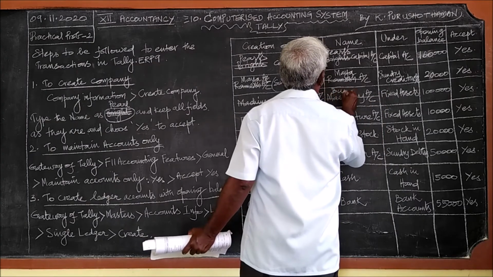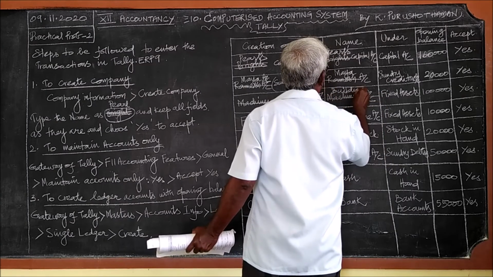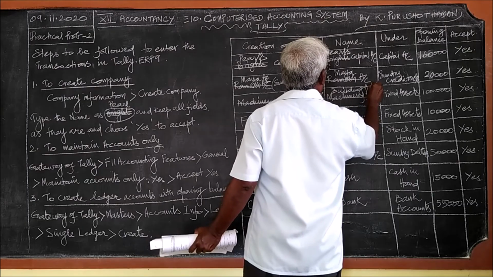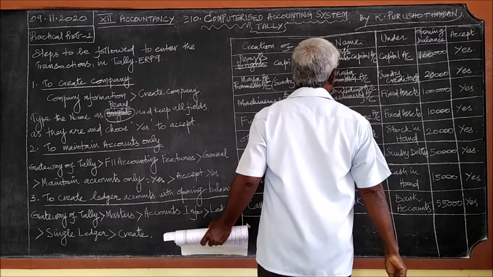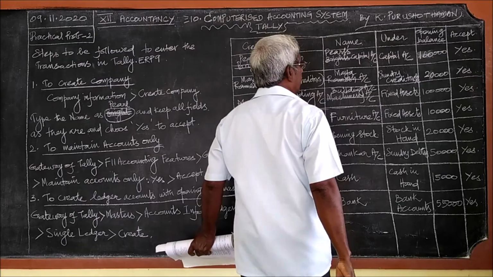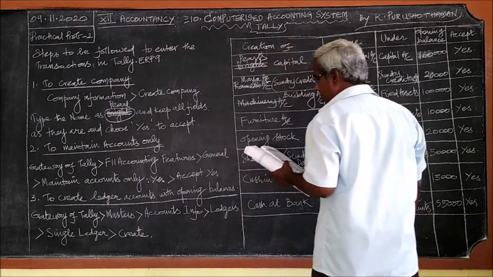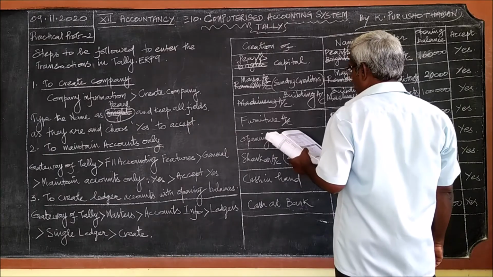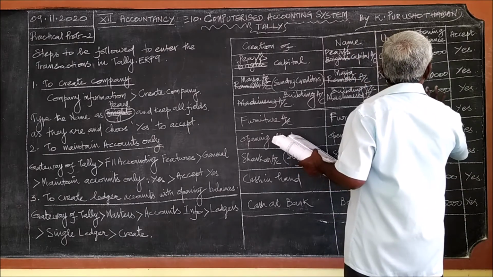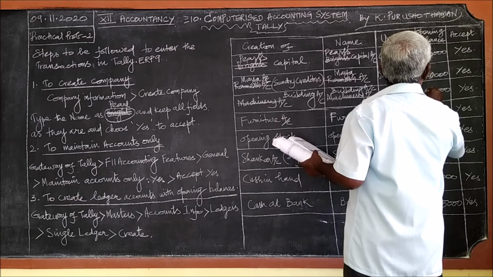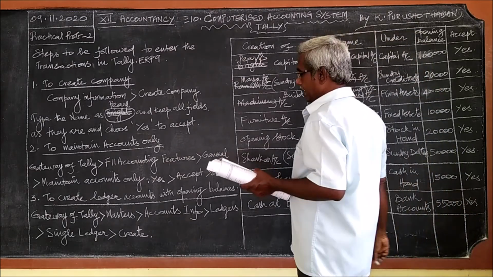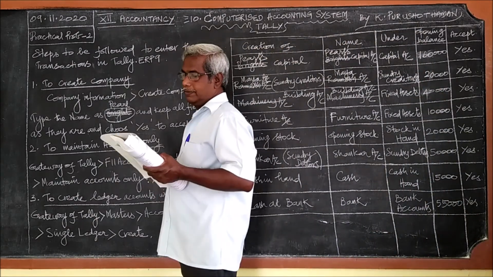It should be created under building account only. This is one of the fixed assets. Building is also one of the fixed assets. The amount given here is 40,000.